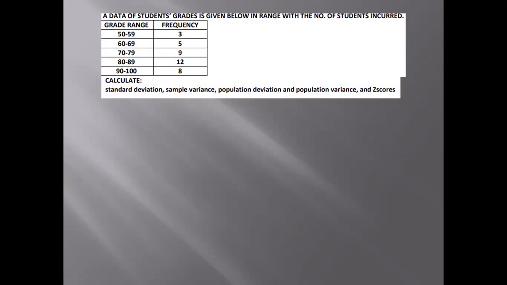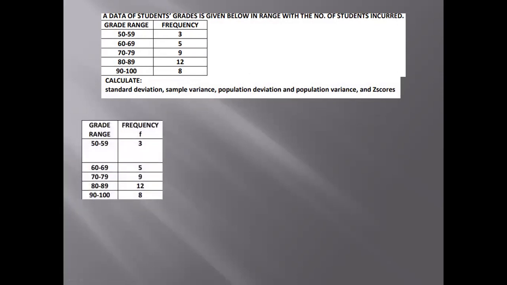We are going to calculate the standard deviation, sample variance, population deviation, population variance, and z-scores.